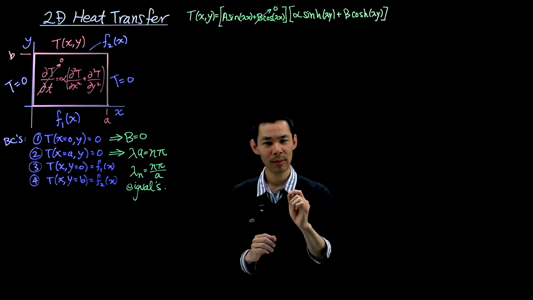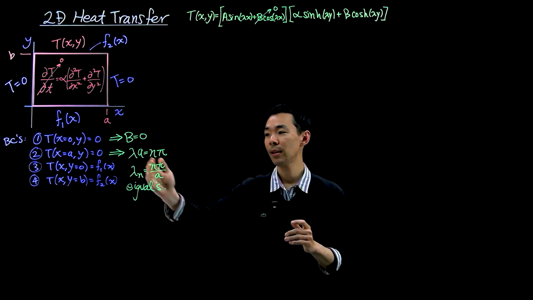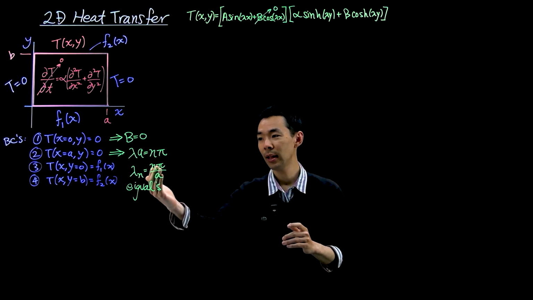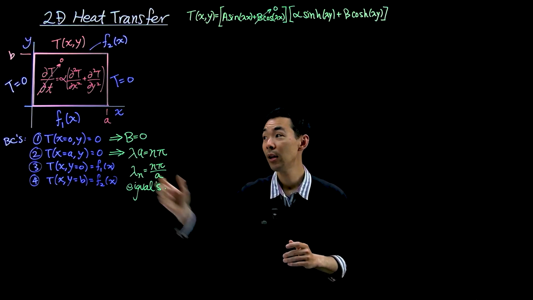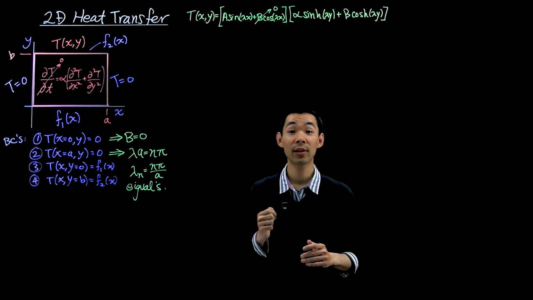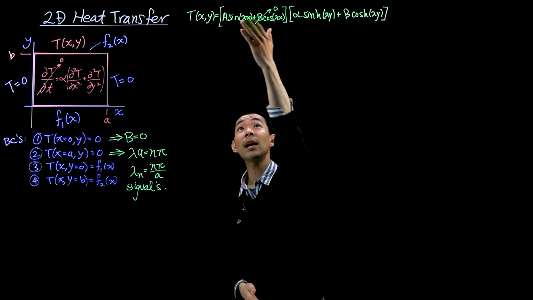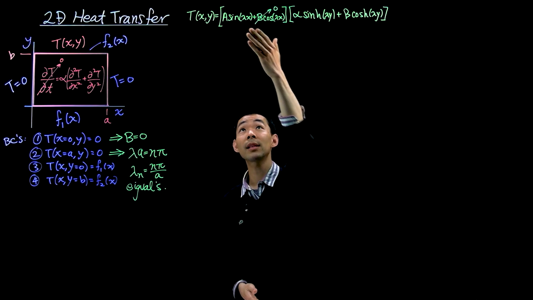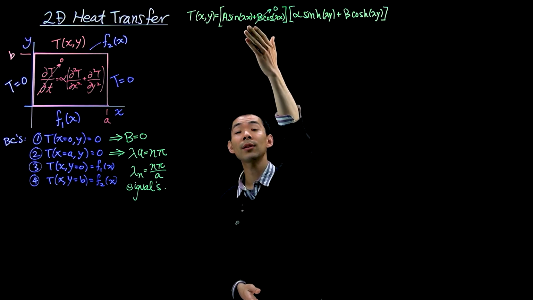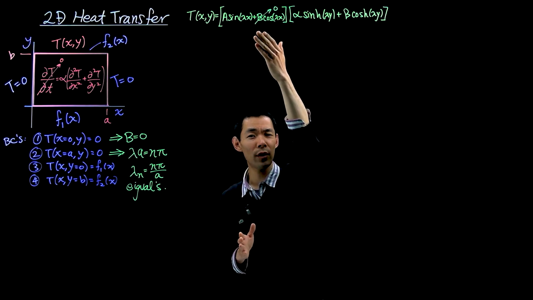Now, there's going to be an interesting thing happening because this lambda n is going to be n pi over a, which is a dimension along the x direction. That lambda is going to come here inside the sine term. You're already familiar with that. So this is going to become n pi x over a. You've already seen that over and over again.